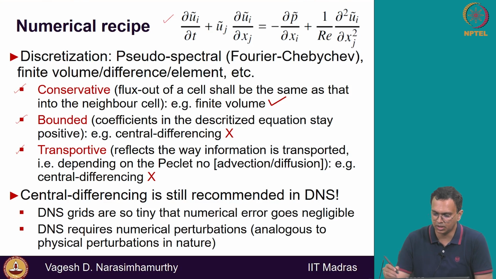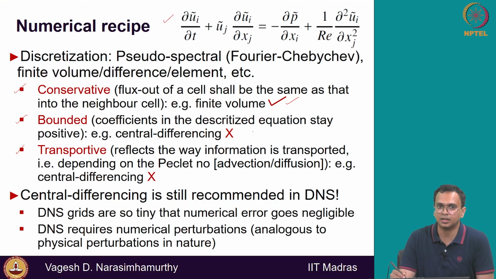So finite volume schemes are by default conservative, and the central differencing scheme is unique here, because I'm going to tell why I'm mentioning only that. This is actually not a bounded scheme. In your CFD course, you would have learned that CD schemes introduce numerical oscillations, and they are unbounded.